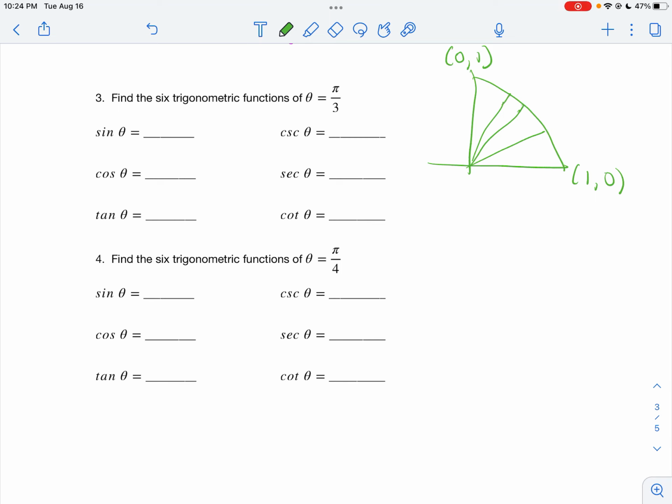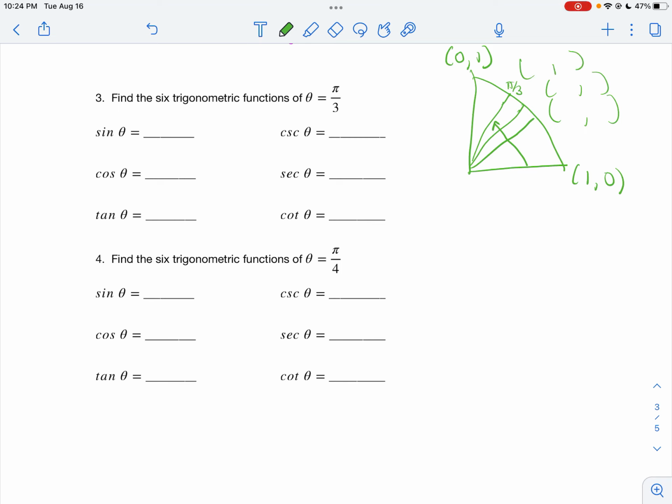And if I want to do pi over 3, that is here at 60 degrees. Sorry, I wrote that wrong. So I need to figure out my ordered pair for that.